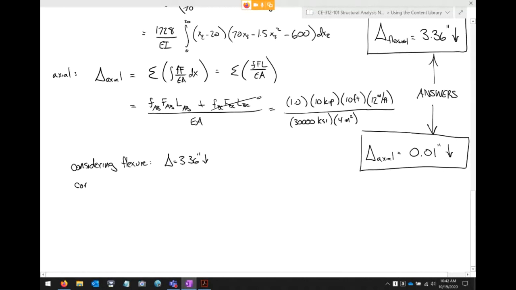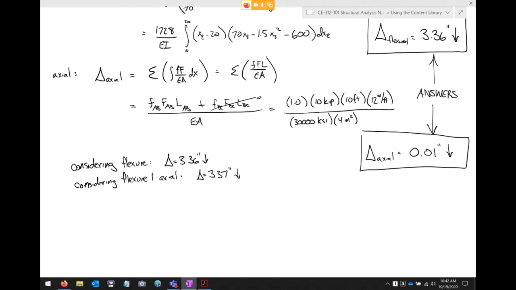But considering flexure and axial, the deflection is 3.37 inches, because the frame does stretch a little bit axially, and it stretches enough to generate an extra 100th of an inch in deflection.